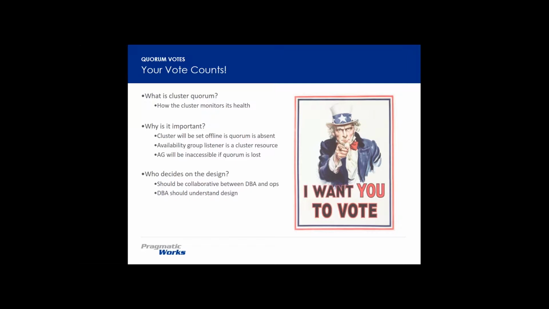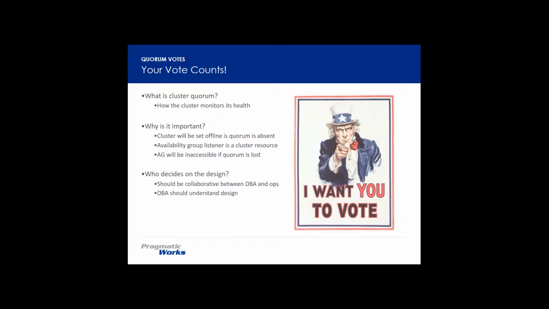Anything having to do with clustering, storage, hardware, a lot of places, the operations folks want to keep the DBAs out of it. They want the DBAs to know as little about that as possible, and more than that, not really exert any influence over that. And so this is a very easy thing to get wrong because it's generally established outside of maybe a team that we would be on.